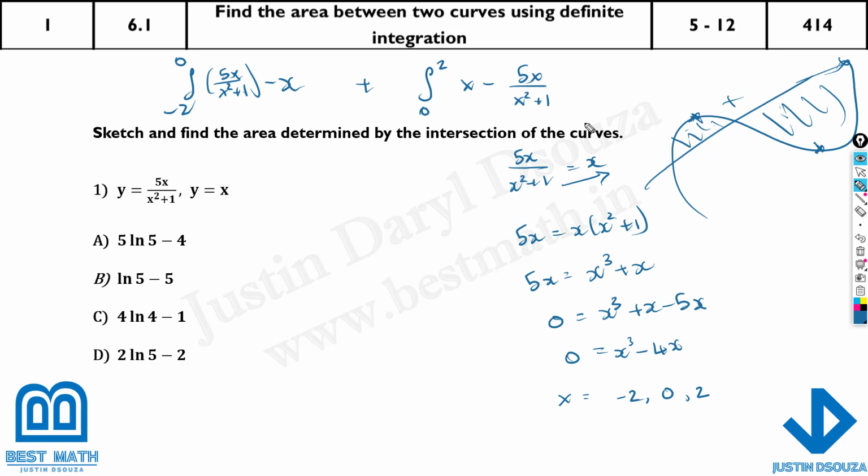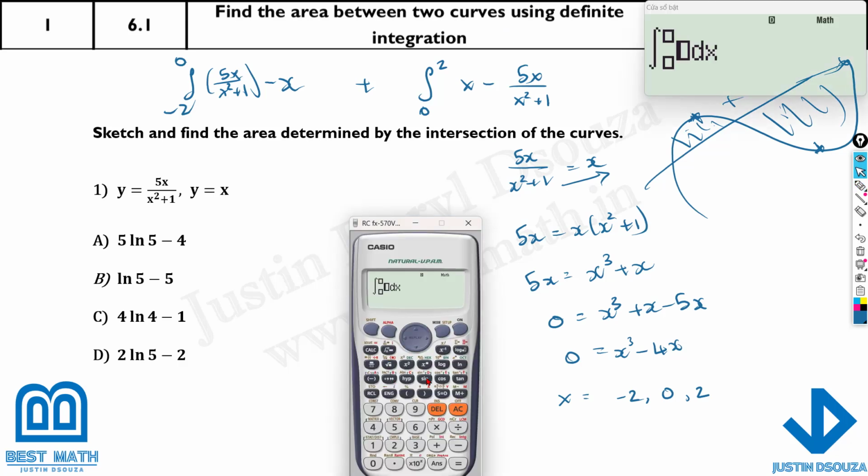So now we will just put this in the calculator. So here we go to integral, and then we have 5x divided by x squared plus 1, close the bracket, minus x here. And then what is it over here? It's minus 2 to 0. And then plus, you're adding it with, again, integral.